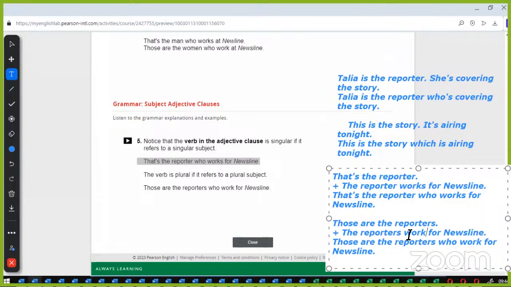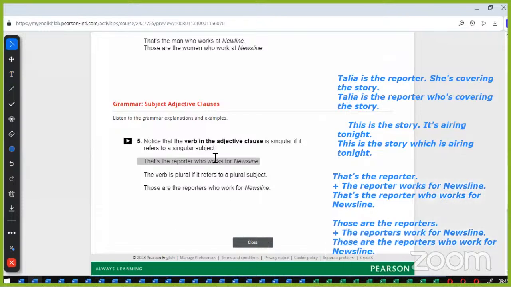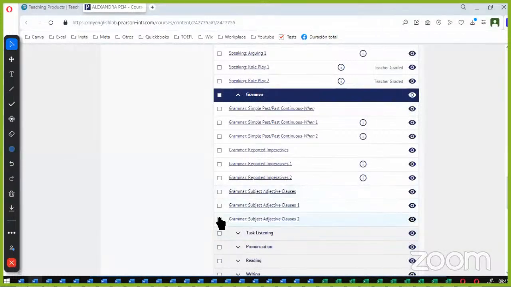In this case, it's work because you're talking about a plural form. So that's why one has an S and the other one doesn't have any S. I don't know if it's clear. Yes, teacher, it's clear. Okay, so let's work on these activities.